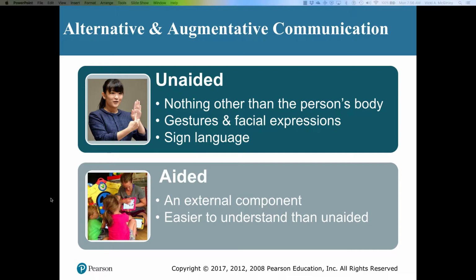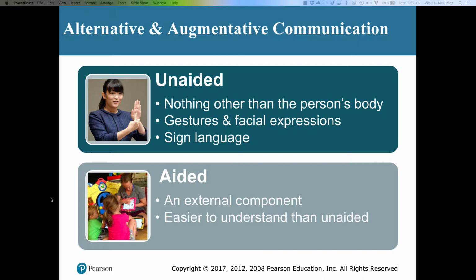When we talk about AAC, or alternative and augmentative communication systems, we break it down into unaided and aided. Now, sign language certainly may be good for some children, but we have to understand that there's a cognitive level needed to learn all of the signs. A lot of the signs are not self-explanatory. I always use the example in my classrooms of the sign for milk, unless you've milked a cow, which I've never done, and many of us have not.